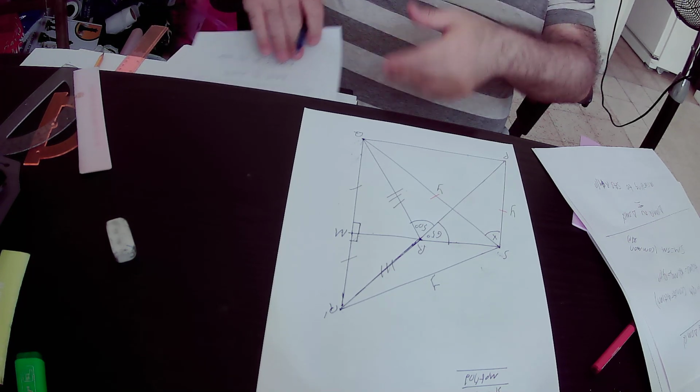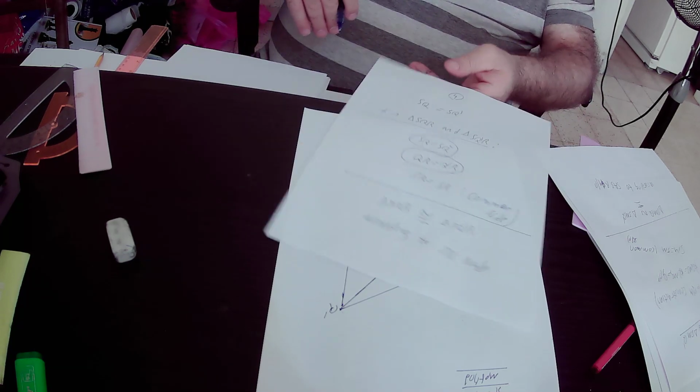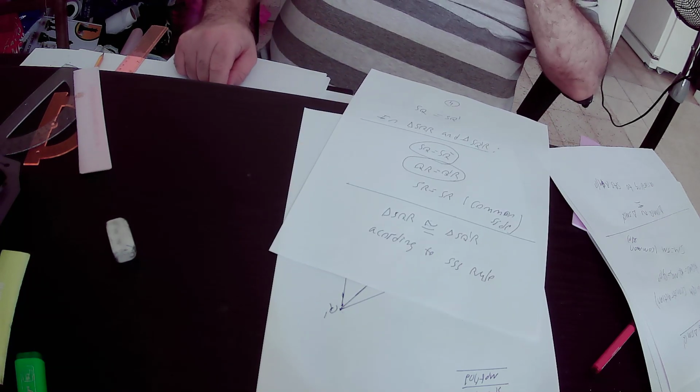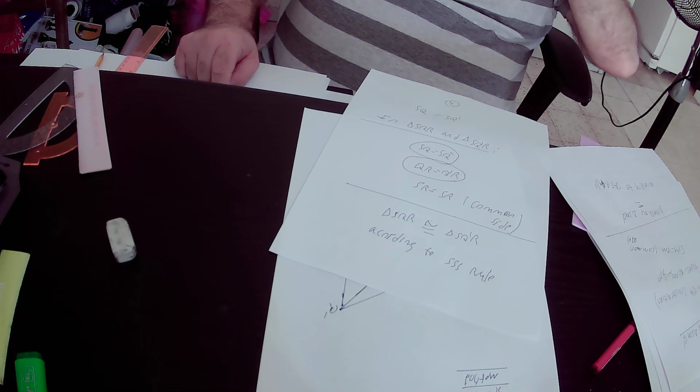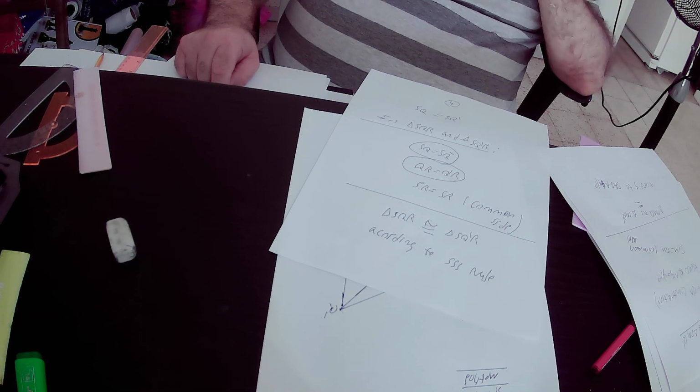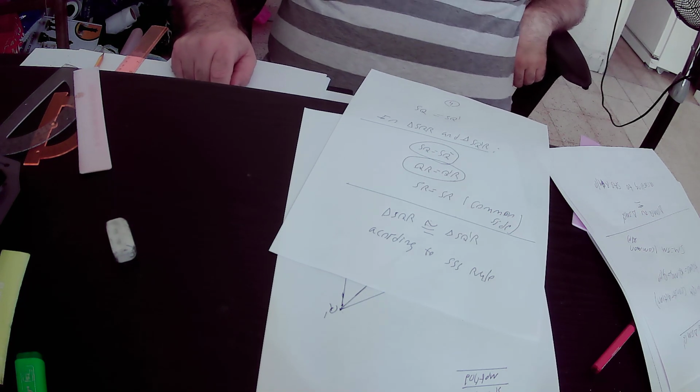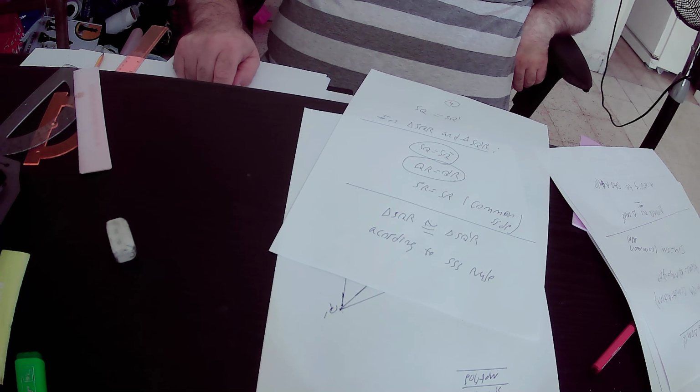I read again. Triangle SQR can go into triangle SQ dash R according to the side rule. So what is the side rule? If you prove that all the sides of one triangle are correspondingly congruent to all the sides of another triangle, then you prove that those two triangles can go into each other according to the side rule.